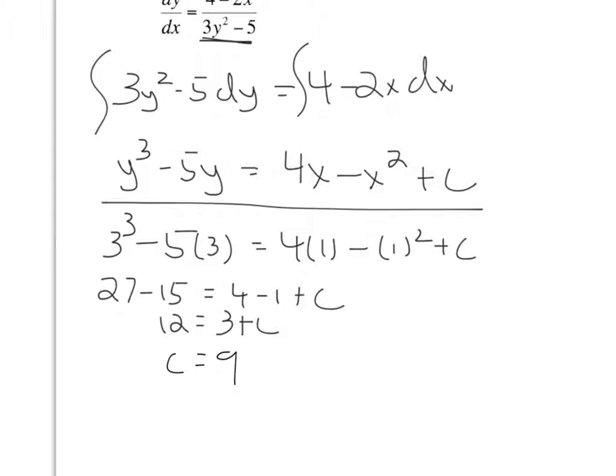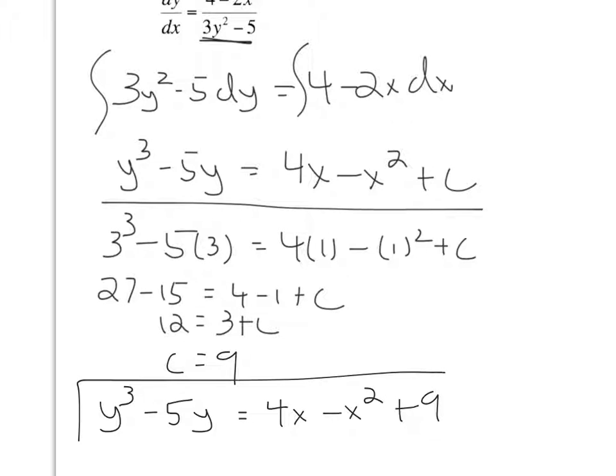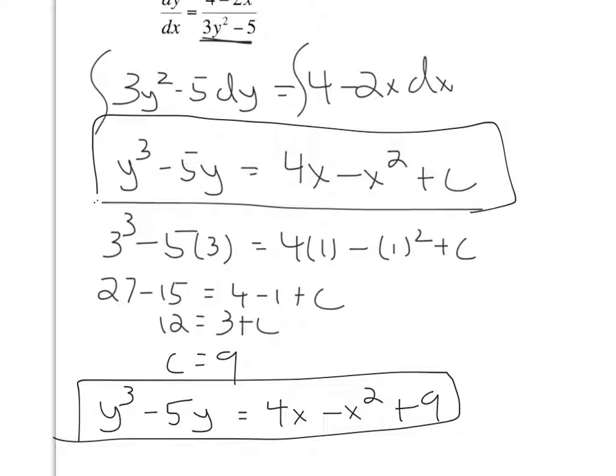So the best I can do is an implicit particular solution, which would be y to the third minus 5y equals 4x minus x squared plus 9. So that's my, sorry, that's my particular implicit solution.